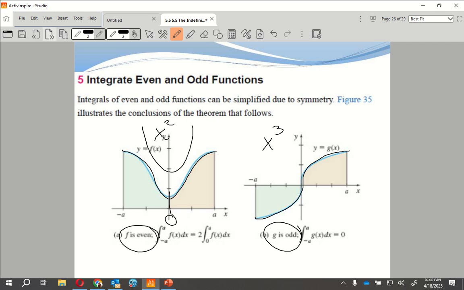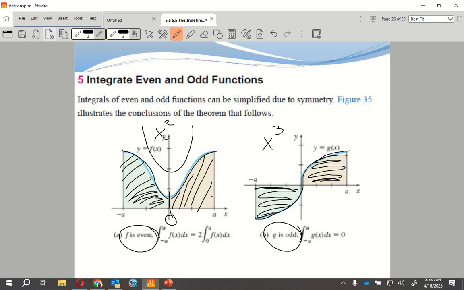Depending on the shape of the graph, it's going to tell me if it's going to be even or odd. Because if this is the graph here, I'm going to have some negative down here, and I'm going to have positive up here, and so those should cancel out to be 0. Over here, I have all positive up here, or if it was negative, it would be all negative, and then the same on both sides.